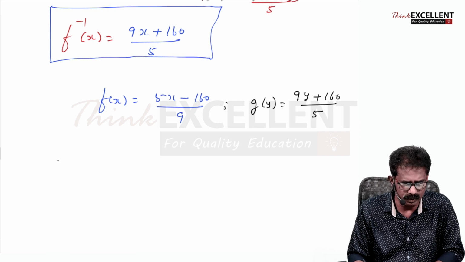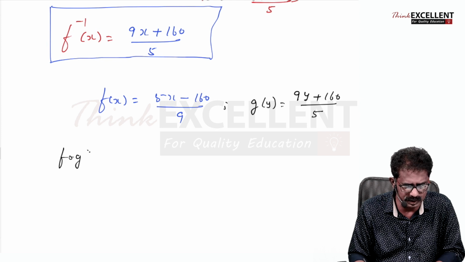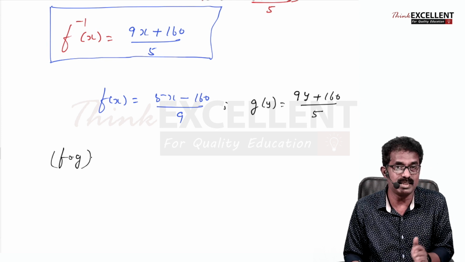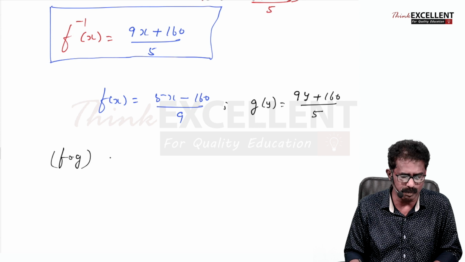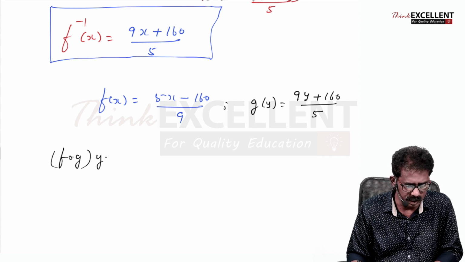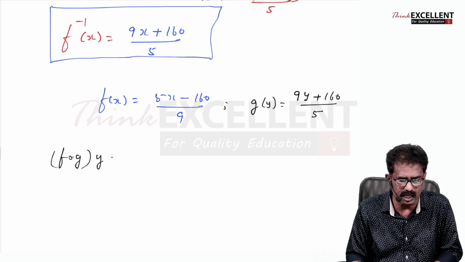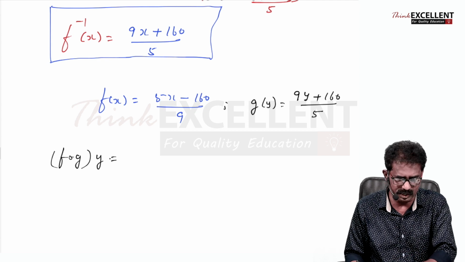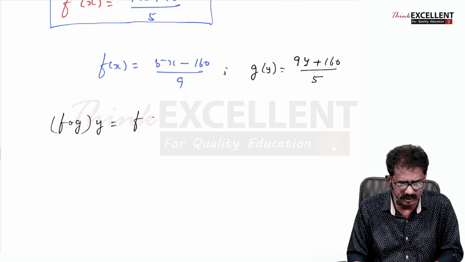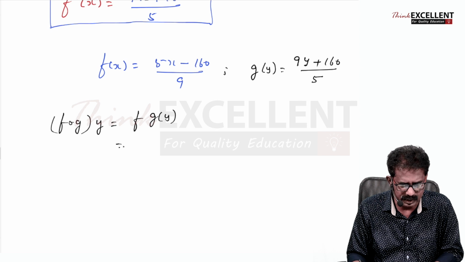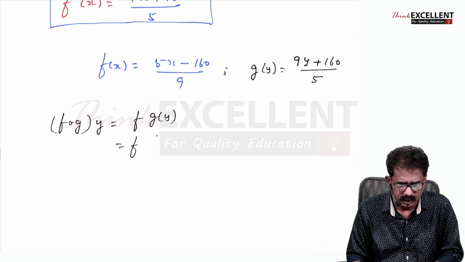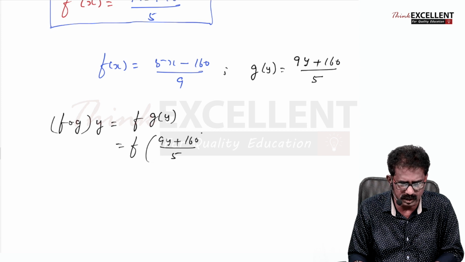Now we have to find what? f composition g. The previous video I taught, hope you remember. f composition g of y, your answer should be y. That is I of y, right? So that is f of g of y. What is g of y? (9y plus 160) by 5. Substitute this value in f.